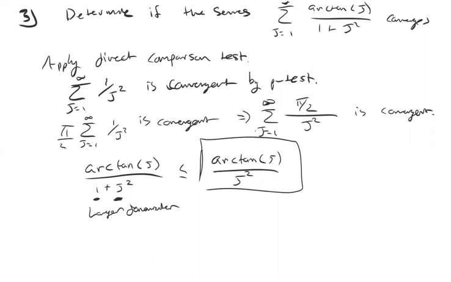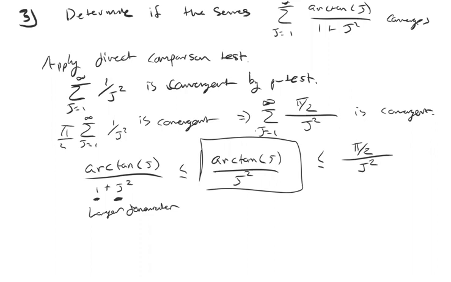Okay, but we need to take this just a step further and remember that arctan is bounded above by pi over 2. So the first step was kind of bounding the denominator, and the second step is bounding the numerator. So this is bounded above by pi over 2 over j squared.